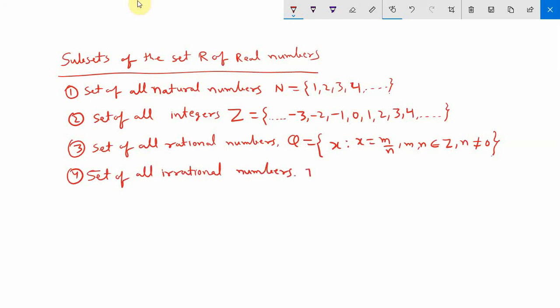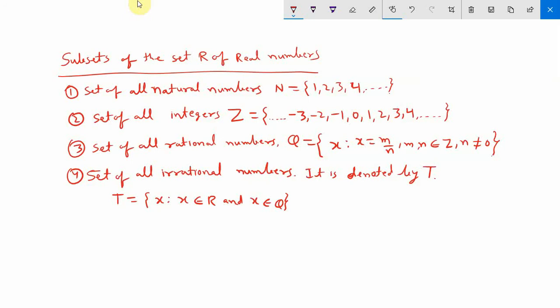It is denoted by T. We can clearly note that T equals x such that x is an element of R and x is not an element of the rational numbers. So all real numbers which are not rational numbers will be irrational.